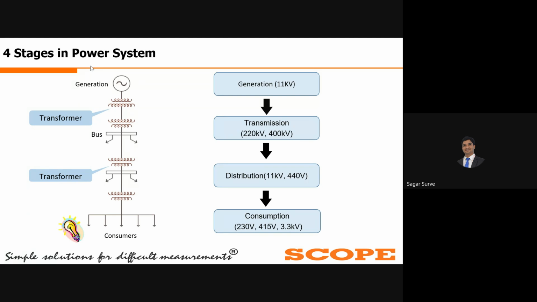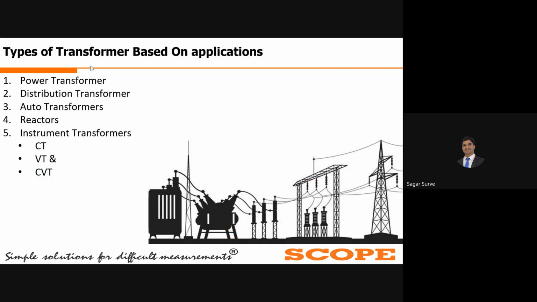We can say the transformer is nothing but the heart of the power system. If you take an example of any substation, whatever the voltage level, the transformer is the centralized device, and all other equipment is there for the protection of that transformer. So the transformer obviously becomes very important, and of course it is a costlier equipment in the power system.